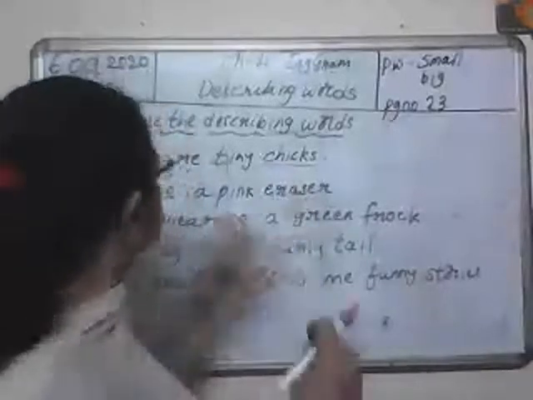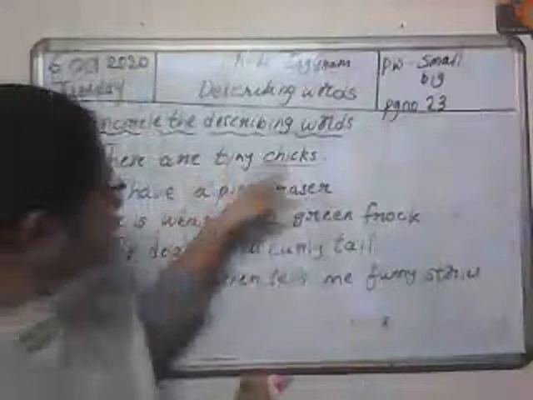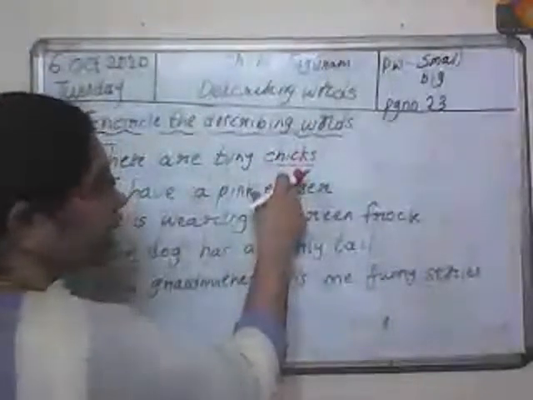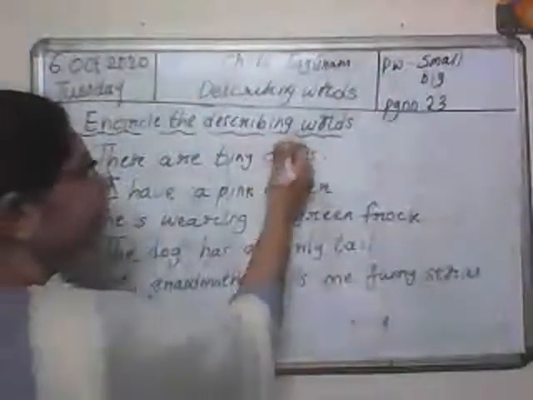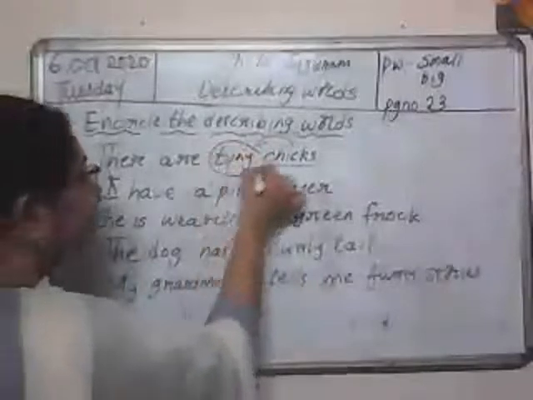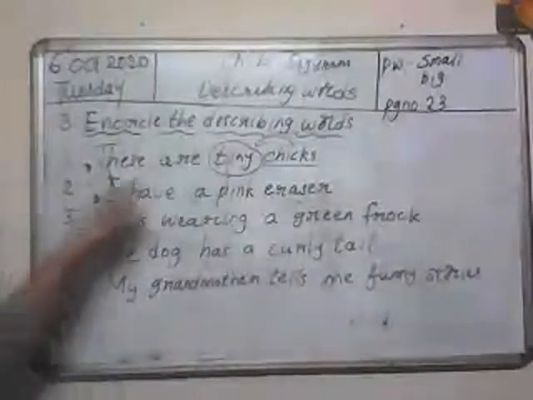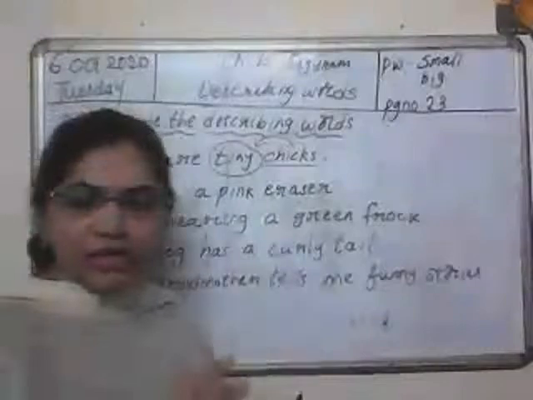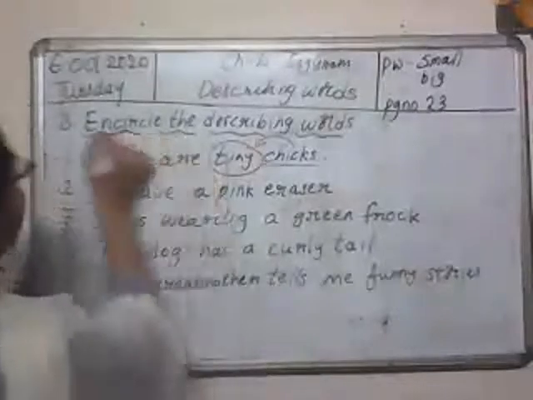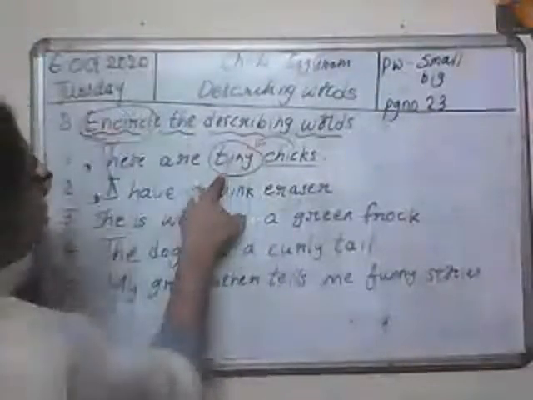We want to find a describing word. We don't want to find a noun. But if we can find a noun, we can easily find a describing word, because let us see how the noun has been described here as tiny. So tiny is your describing word. Tiny means very small, tiny chicks. So this is your describing word. See, a circle is there, right?